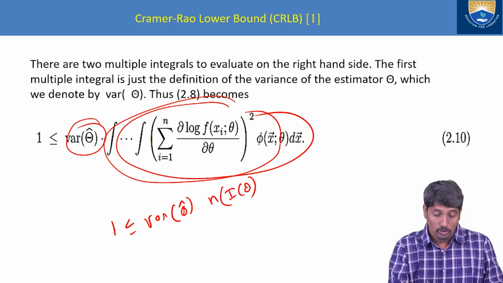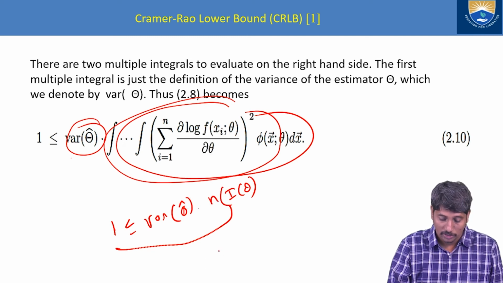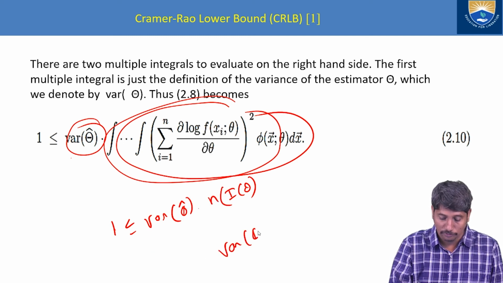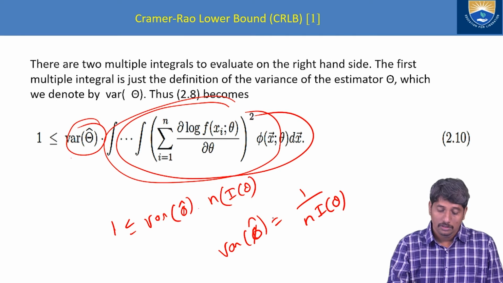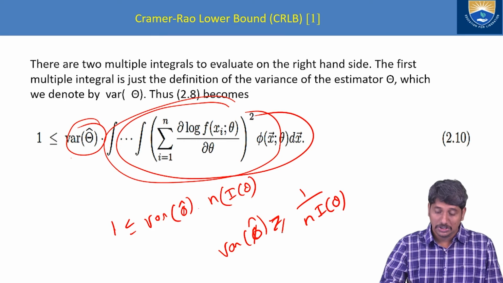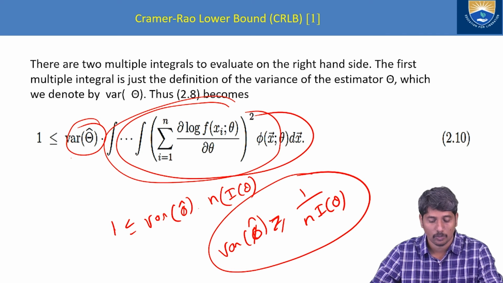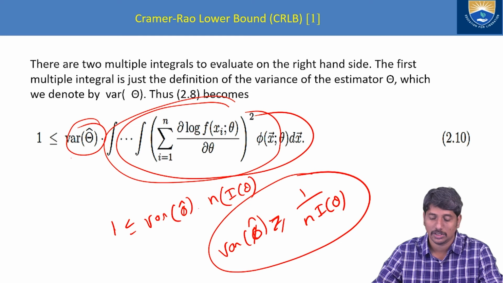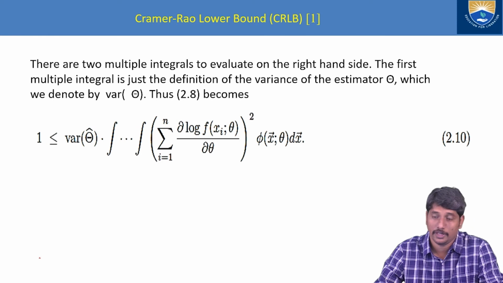So when you take the multiplication, it becomes division, that means the variance of phi cap is greater than or equal to 1 by n into Fisher's information. So this is the Cramer's law of inequality. We are successful in establishing the Cramer's law of inequality in this proof. Of course it is lengthy and intricate, but it is very important to understand the applications of Cramer's law.